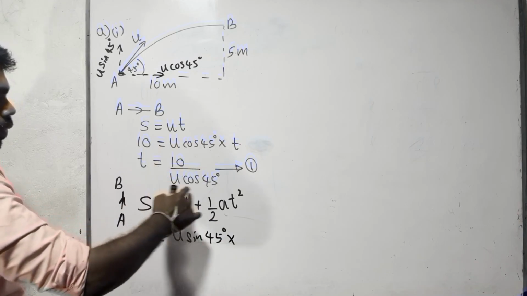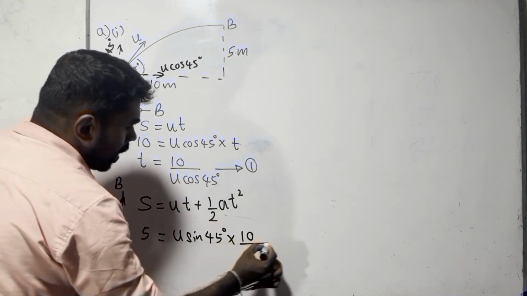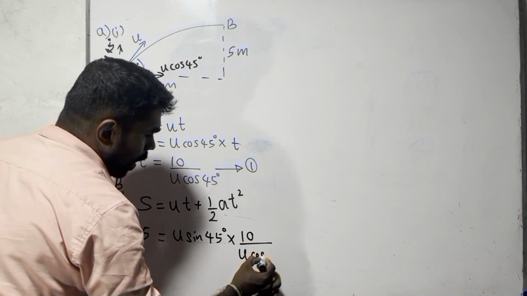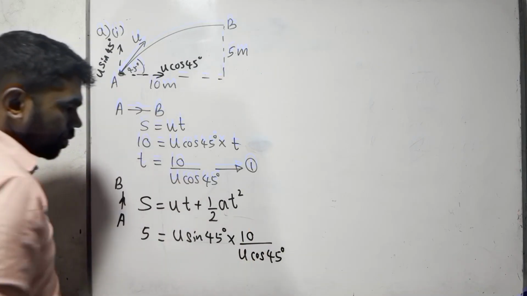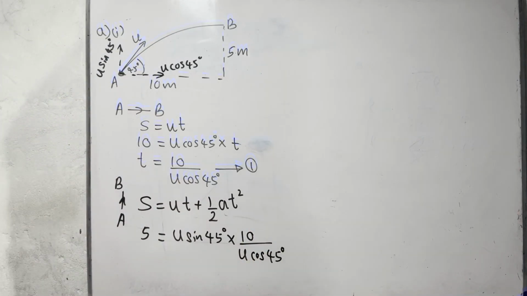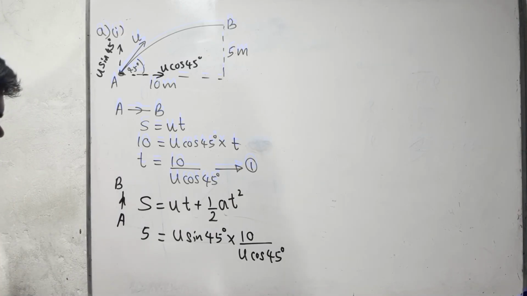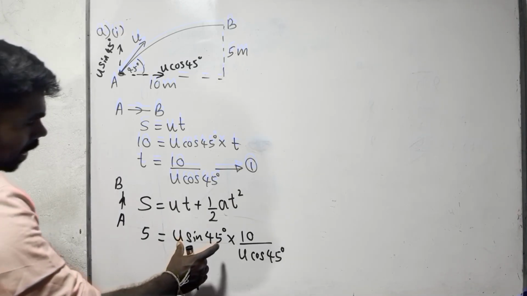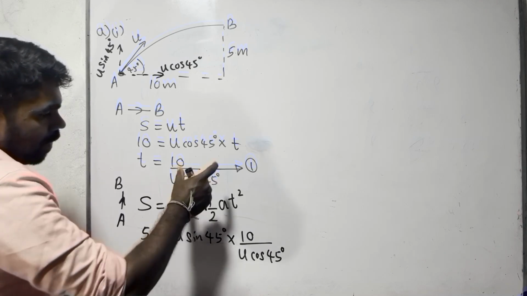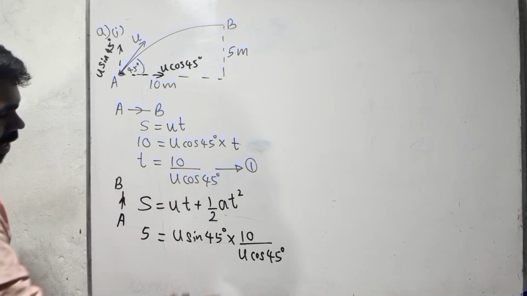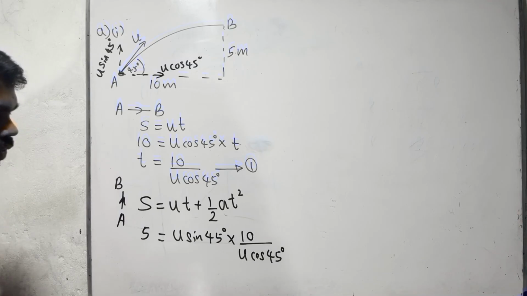Time is this value. We can use 10 divided by u cos 45. We can substitute cos 45 and sin 45 separately, or we can use that value for the final answer.